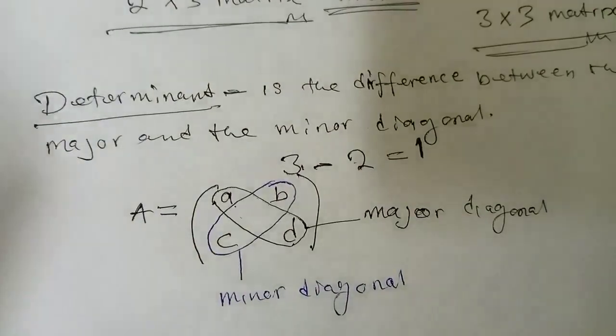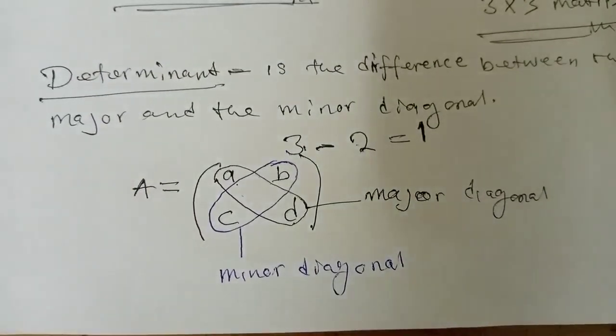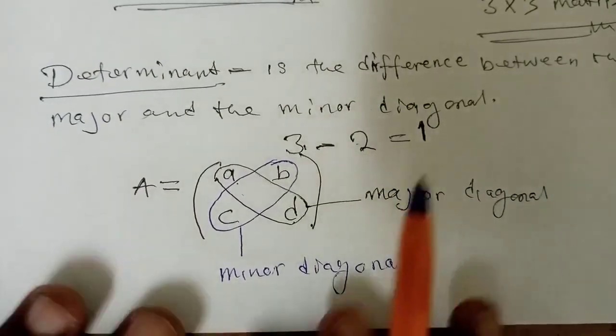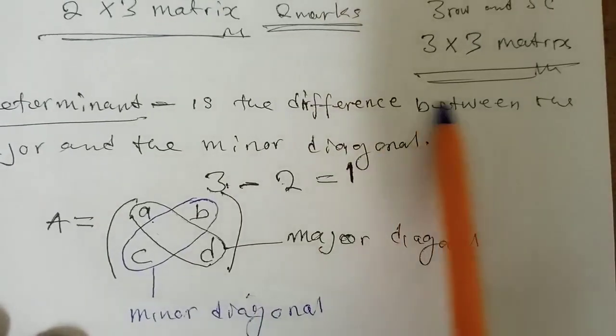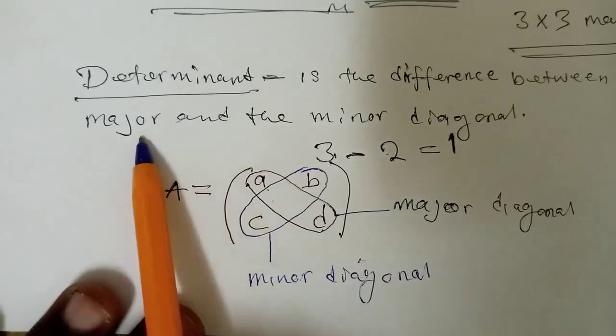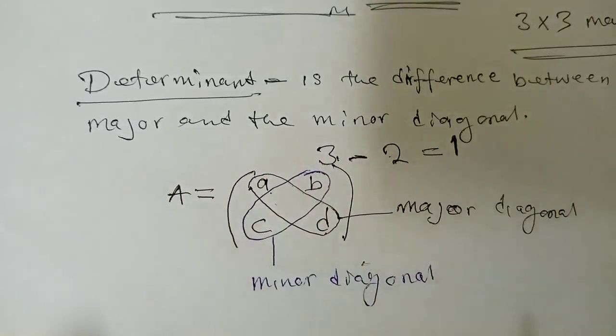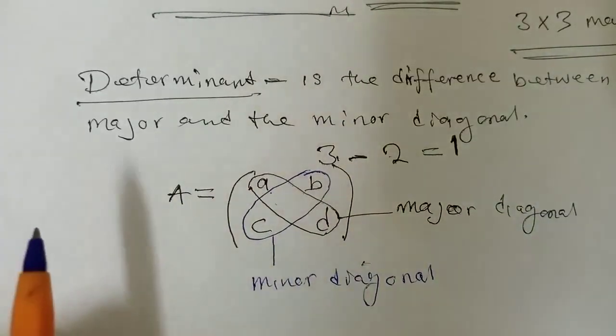So now how do you find the difference? We said that the determinant is the difference between the major and the minor. So you start with the major, and you subtract the minor from the major.